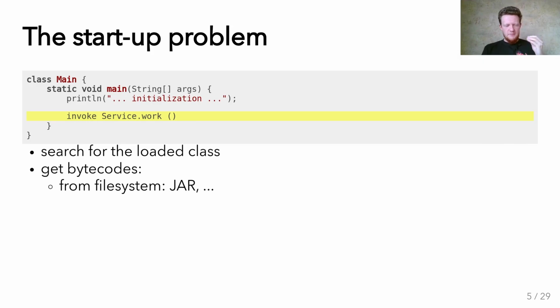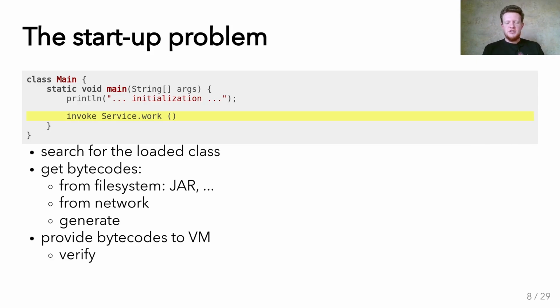Bytecodes can come from the file system, for example from a Java file. They can be loaded from the network, or the class loader may even generate bytecodes on request. And this decision of where to get bytecodes is solely in the logic of the class loader. The class loader could be implemented in the standard library or in your application itself.